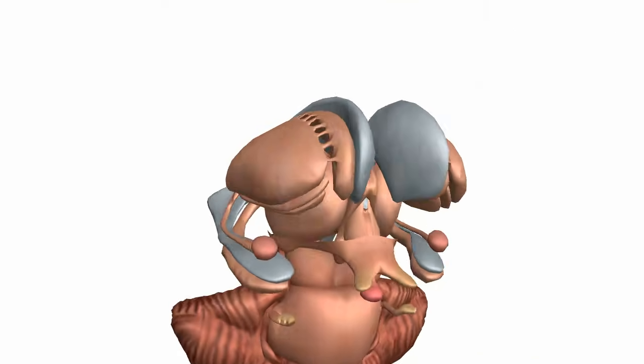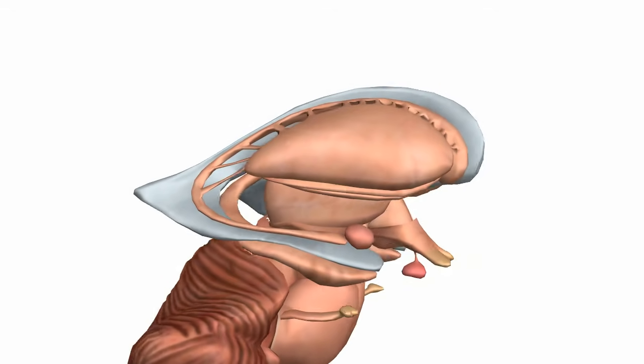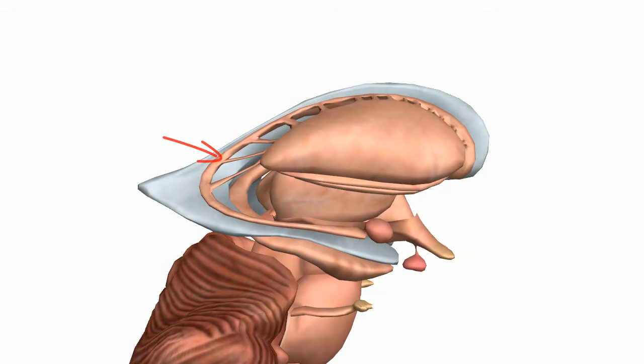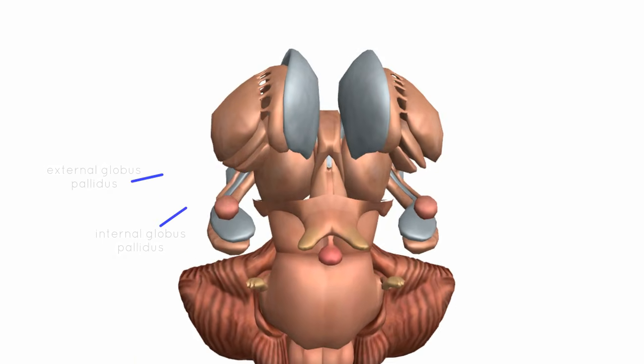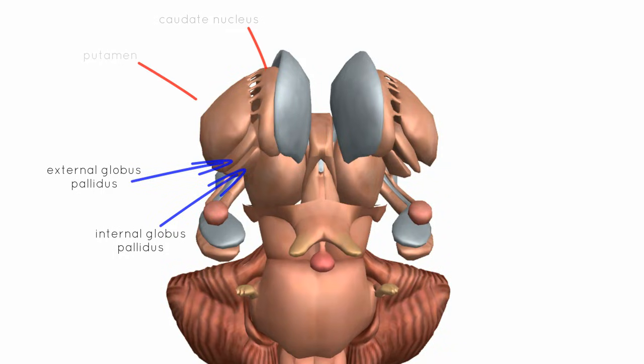If I just rotate around to the other side, you can see the C-shaped caudate nucleus. You can see its head, the body, and the tail. You can see the putamen sitting laterally, and you can see the globus pallidus with its lateral and medial parts sitting medially.